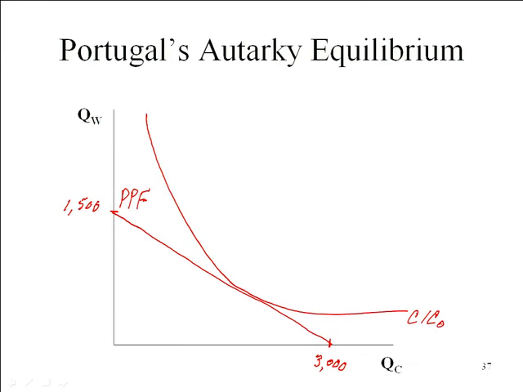So for Portugal, we can see that when we're producing exactly what consumers want to buy, then the demand for wine will also equal the supply of wine, and the demand for cloth will also equal the supply of cloth. Now remember that the marginal rate of transformation, from a production perspective, how much more of the other good we can get by giving up one good, is simply given by the ratio of our unit labor requirements, that is, our opportunity cost.